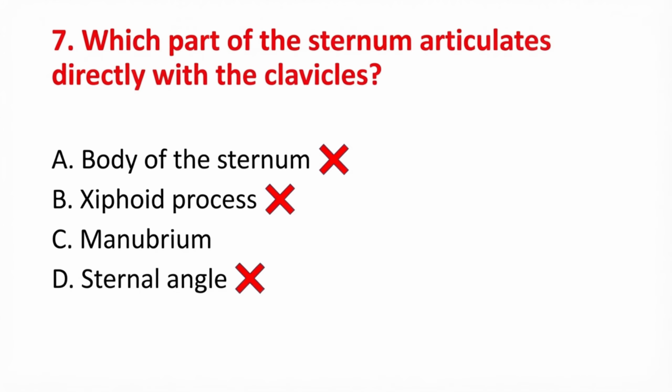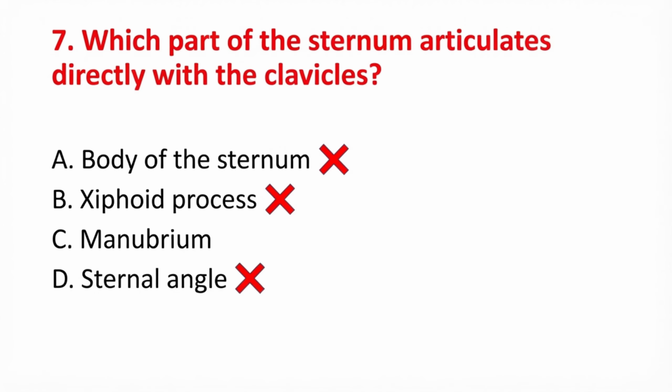It serves as an attachment site for the diaphragm and some abdominal muscles. Option D is incorrect because the sternal angle is not a separate part of the sternum. It is the junction between the manubrium and the body of the sternum.